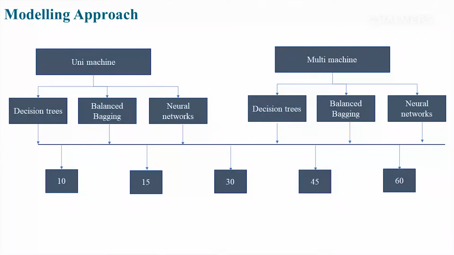Under these two models, we designed three different algorithms to predict the opportunity windows. The first one is called neural networks, the second one is decision tree, the third one is called balanced bagging. Under each of these algorithms, we designed 5 different window sizes. One is 10 minutes, the others are 15 minutes, 30 minutes, 45 minutes, and 60 minutes.